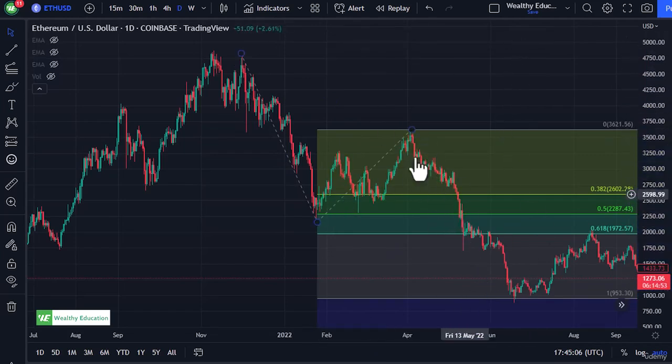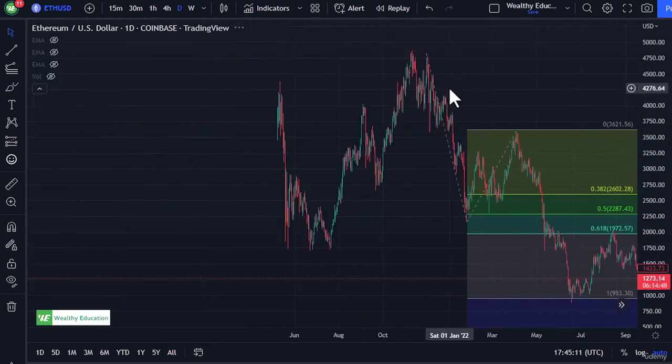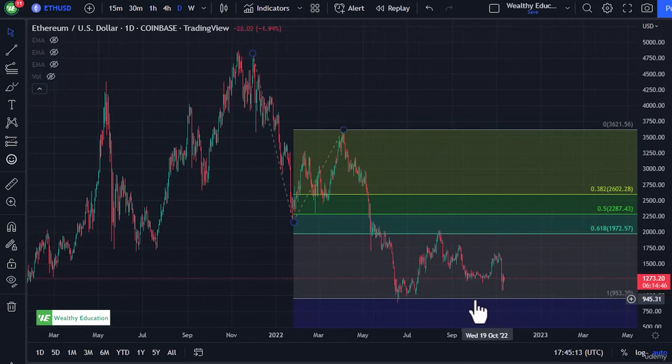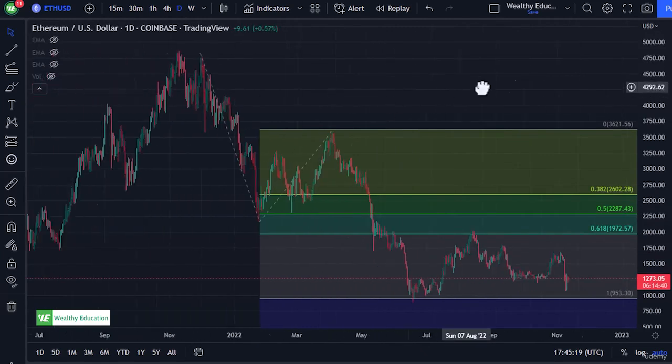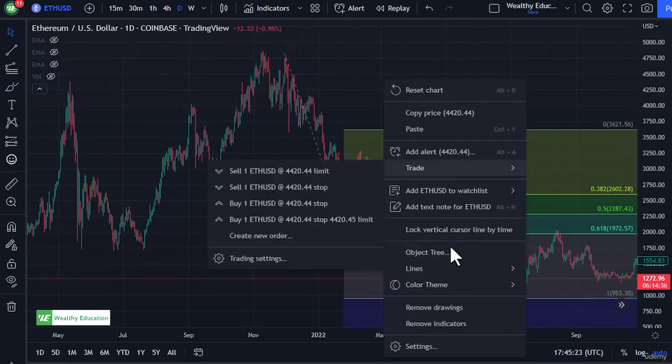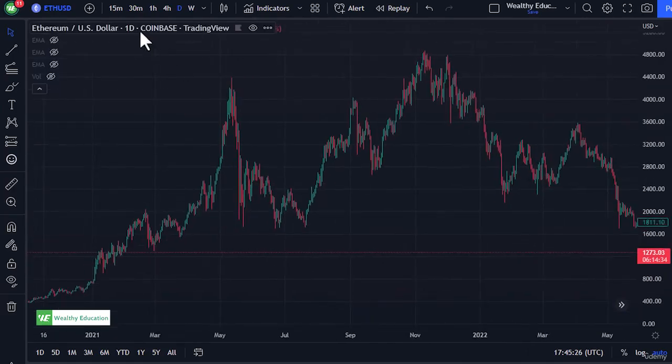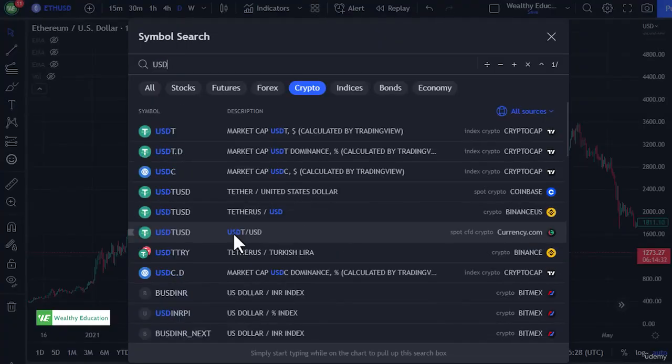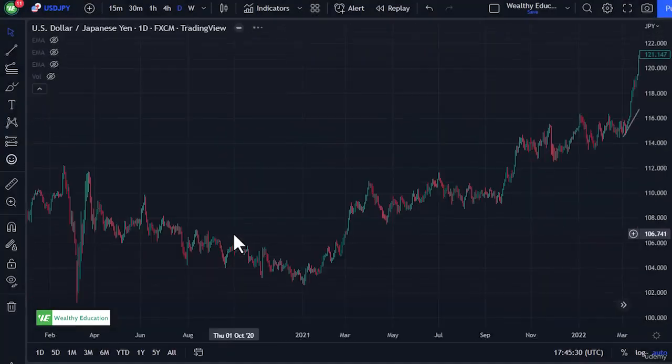So you pull back, and then at this point, you're looking, where could the market go? Could it double the move? Well, we've already done that. Could it only be 38.2%, 50%, 61.8% of the move? These are projected moves. You can use it on a short-term chart as well.